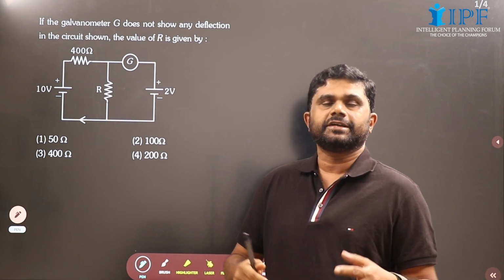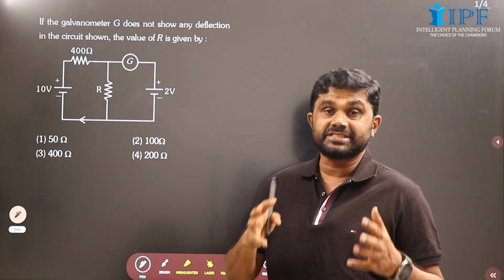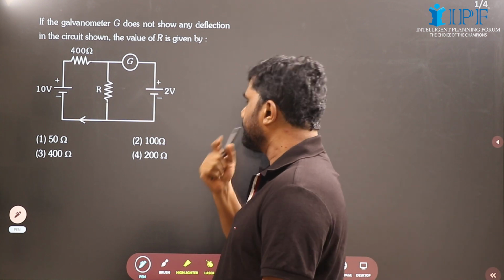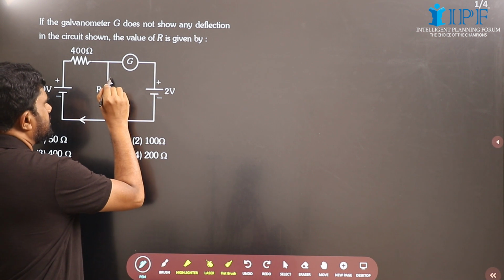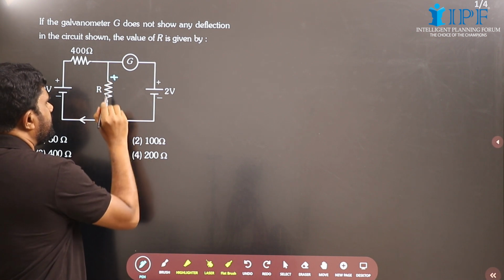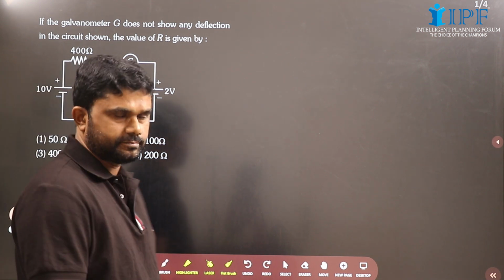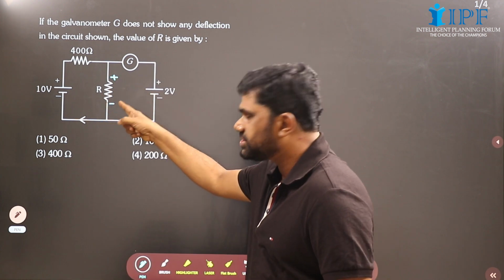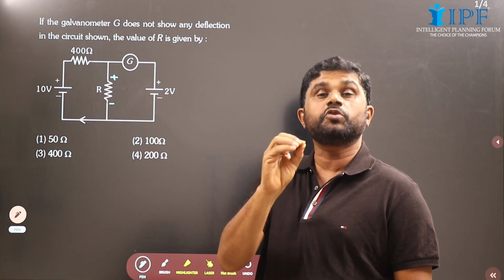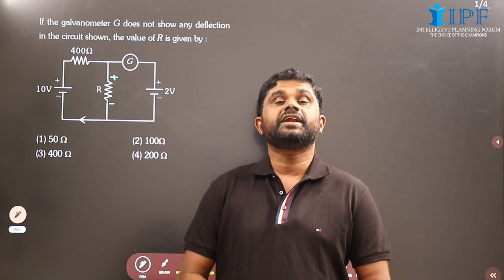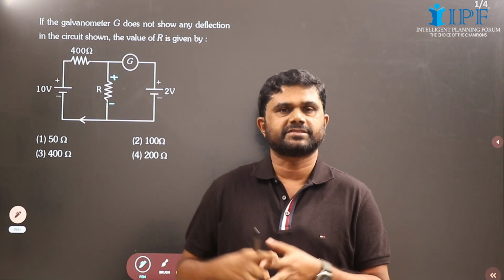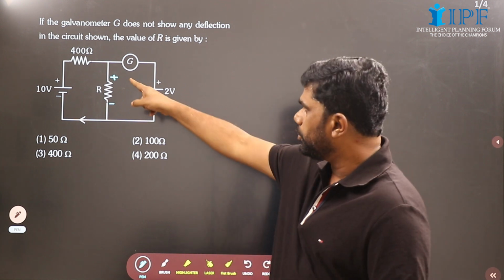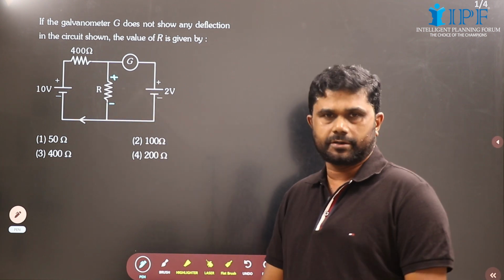Now see, the galvanometer shows zero deflection. There will be some voltage across this resistor. Here it will be positive, here it will be negative. This resistor with some voltage across it will act just like a cell, a battery, with the positive pole here and negative pole here.